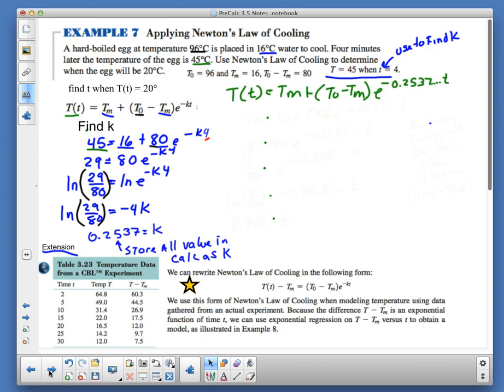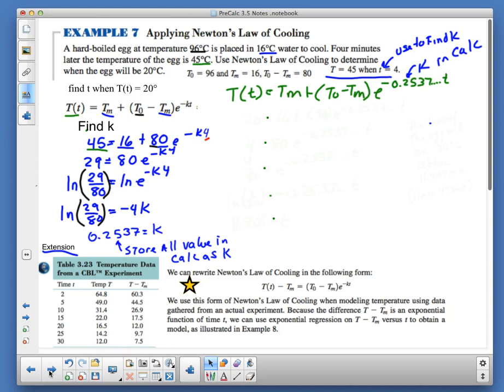So I've got that K value, and I want to emphasize that's K in calc. I just put K in my calculator so I could quickly do the computation and I didn't have to slow myself down and have fat fingeritis because I pushed the wrong buttons for my K value.